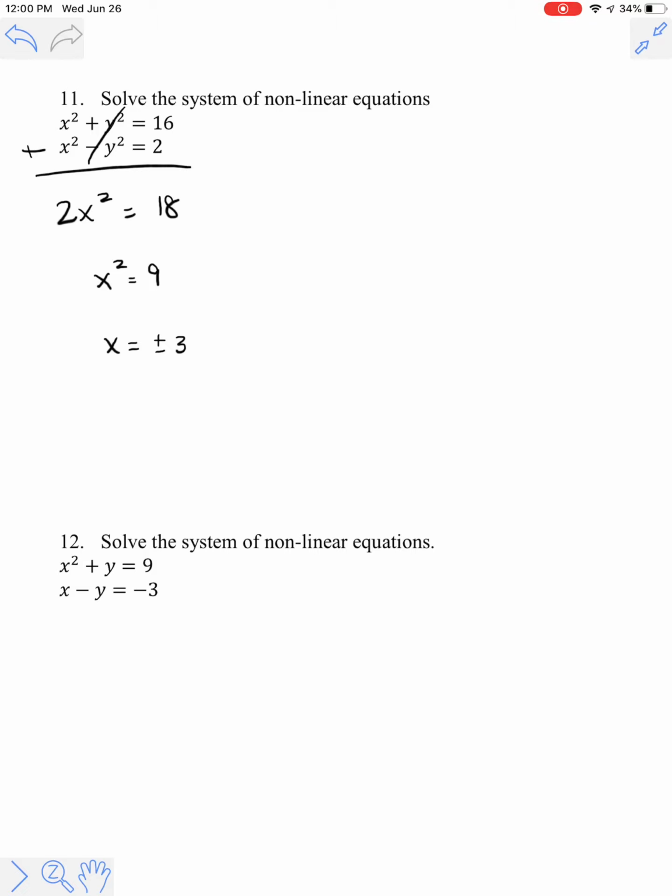So I can now go back and plug in for y, but I have two different values of x, so I've got to do this twice. So for positive 3, I'm going to get 3 squared plus y squared equals 16.